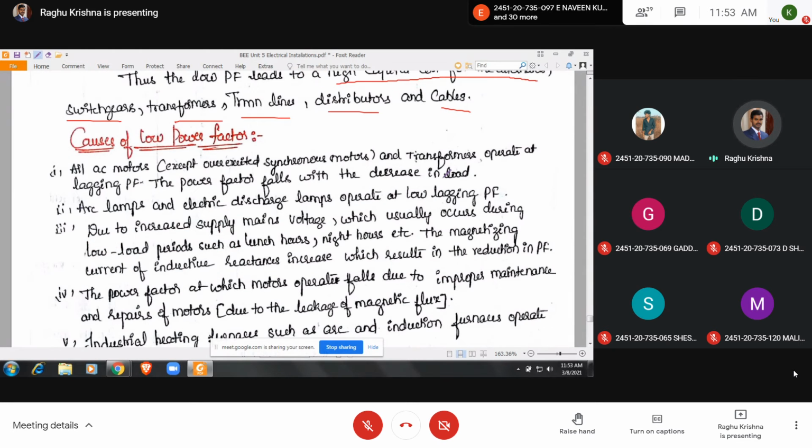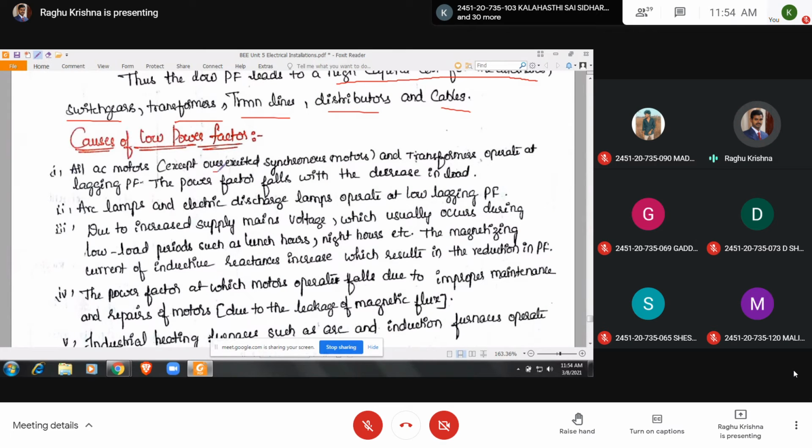Now what are the causes of low power factor? Why does the power factor reduce? See the first one: all AC motors except overexcited synchronous motor.